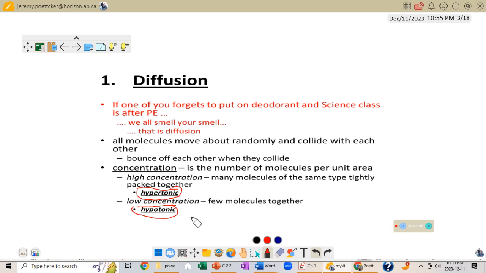So if I have a solution of regular pop and watered down pop, the regular pop would be hypertonic, the watered down pop would be hypotonic.